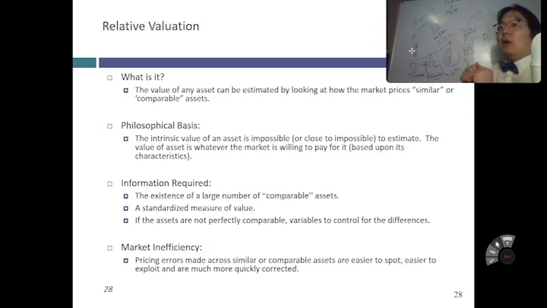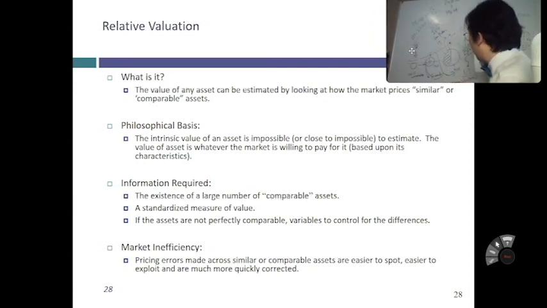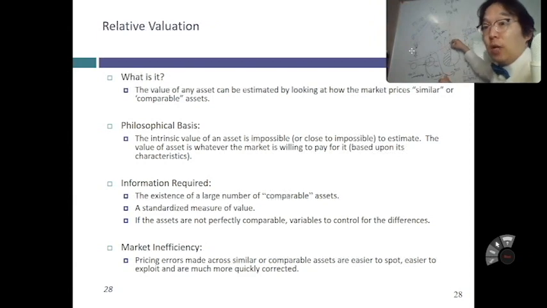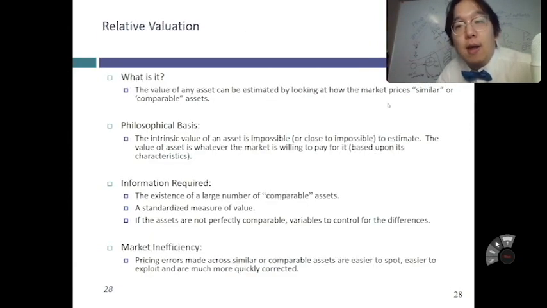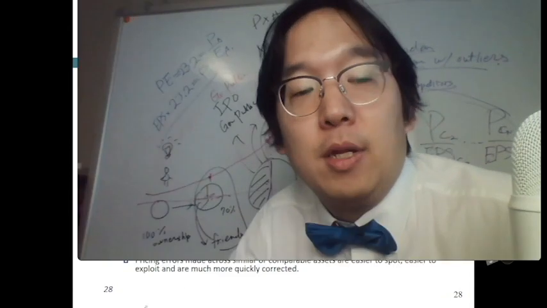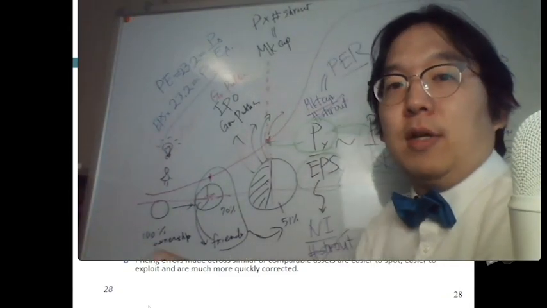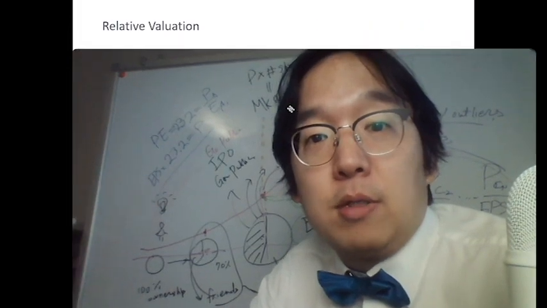But we don't assume each and every stock to be priced efficiently, okay? At any given point of time, some companies' PE ratios may be too high, some too low. Can you see this one picture? Let me expand this, okay? Let me scroll it down a little bit.